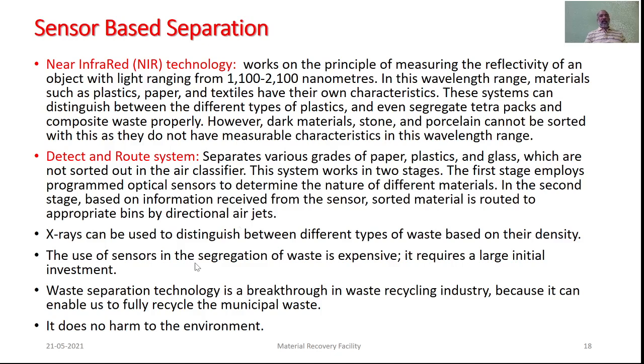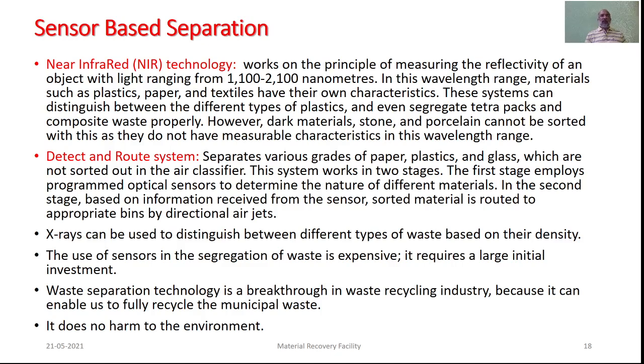Also, X-rays can be used to distinguish between different types of waste based on their density. The use of such sensor-based techniques for the separation of waste is expensive. It requires a large initial investment. However, the waste separation technology is a breakthrough in the waste recycling industry because it can enable us to fully recycle the portions of the stream of municipal solid waste which are otherwise going to landfill-like facilities.